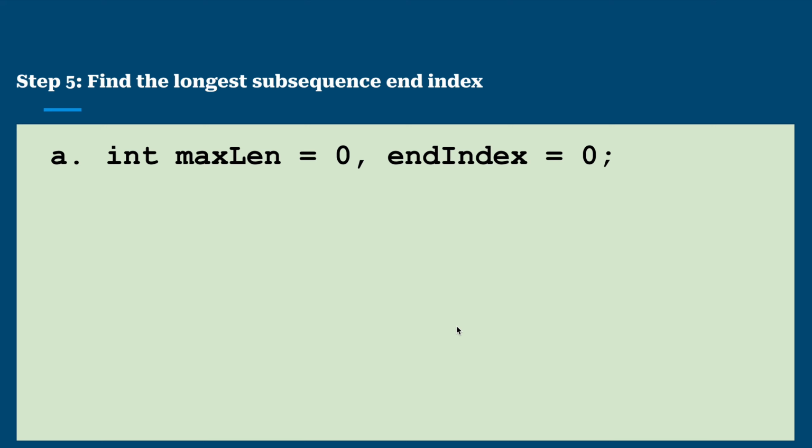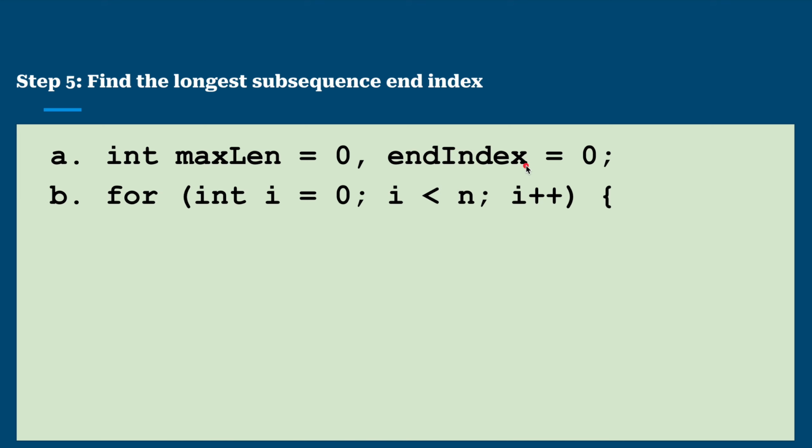Then we go through all the indices, all the words, and keep track of whether dp at I is greater than max length. If dp at I is greater than max length, we update max length equal to dp at I, and then we update end index to I.